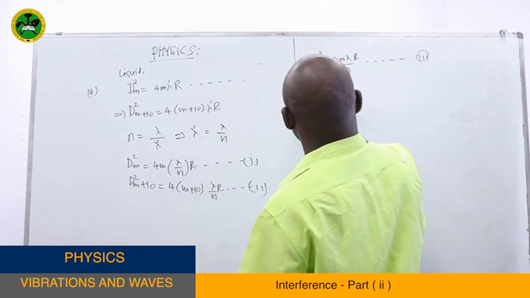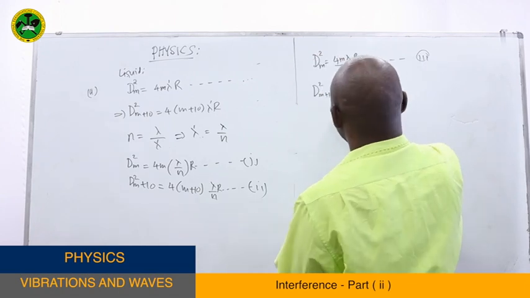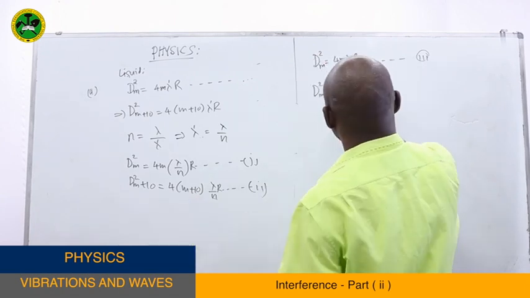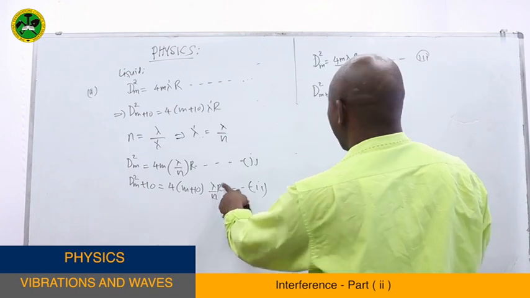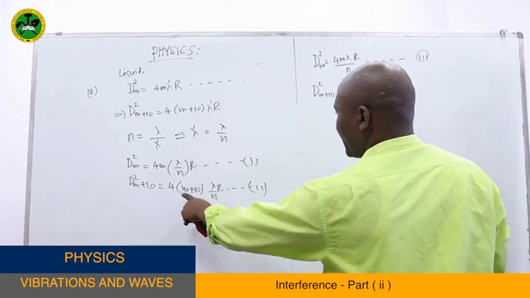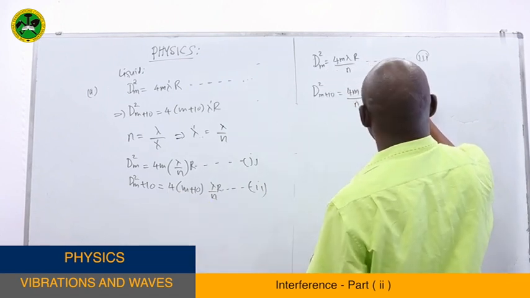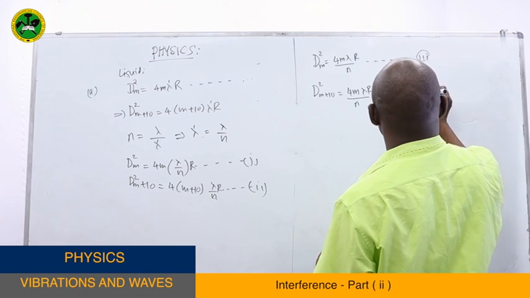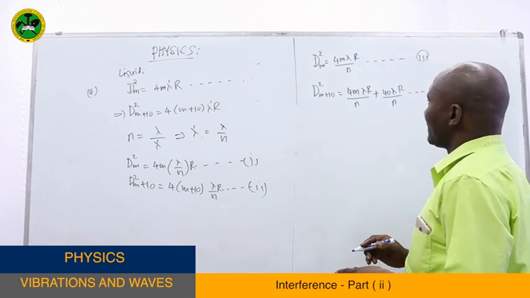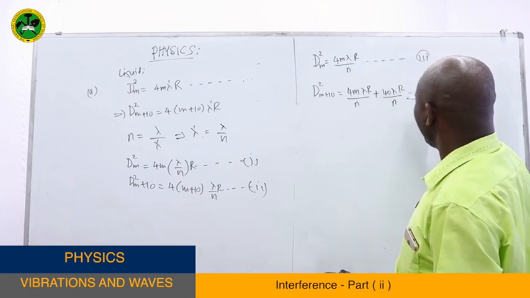Number 4 is D squared of order m plus 10, this will be 4mλR over n plus 40λR over n. Number 4. So you're looking for the refractive index here.